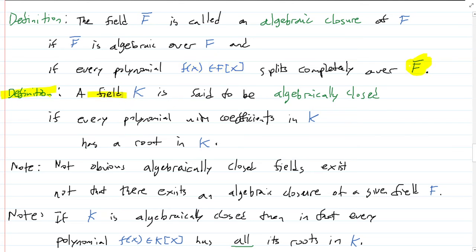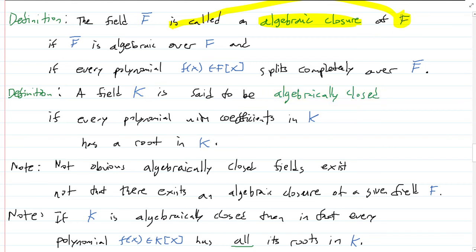Second definition: a field K is said to be algebraically closed if every polynomial with coefficients in K has a root in K. Here, the point is that algebraically closed is a property of a field itself, and algebraic closure is an extension of a field.